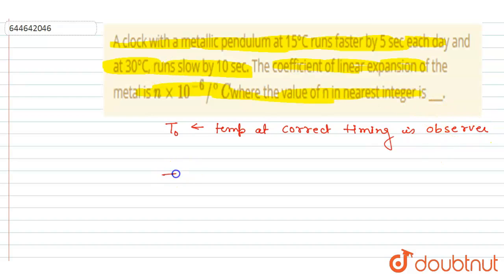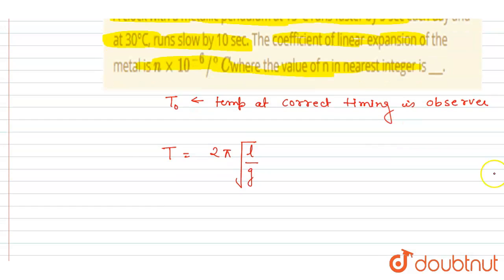Because we know that the time period of a simple pendulum is equal to this, right? So by increasing the length, the time period will increase and it will lose time. And by decreasing the length, the time period will decrease and it will gain time.